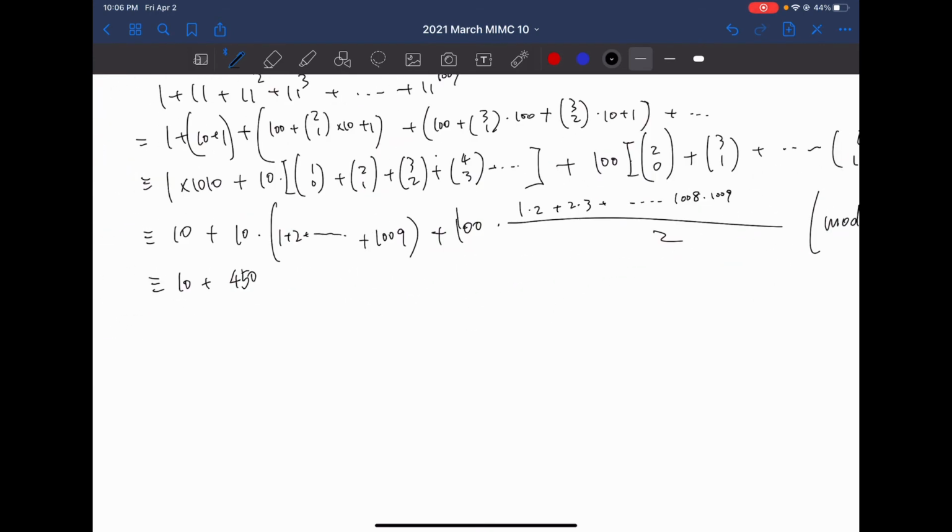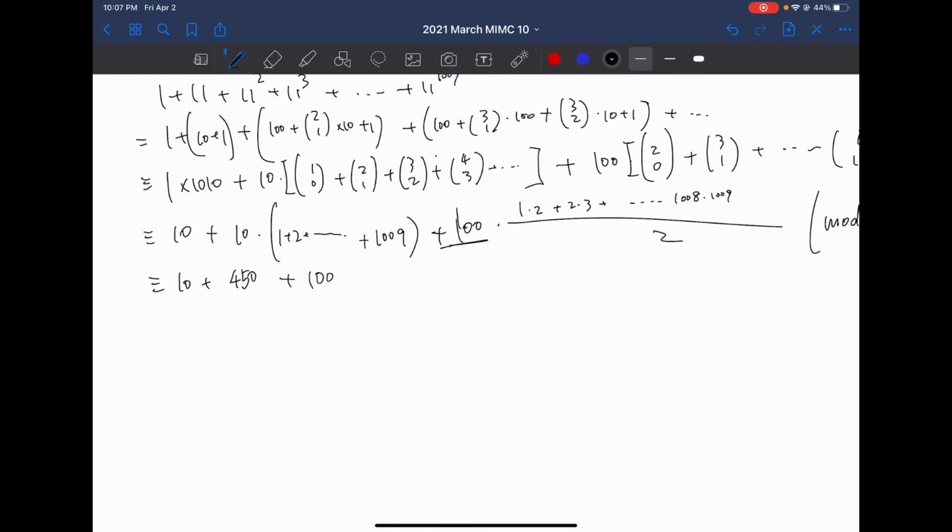And since we already know the first two numbers, and this term has a 100 coefficient in front, we just need to know the unit digit of this giant expansion.